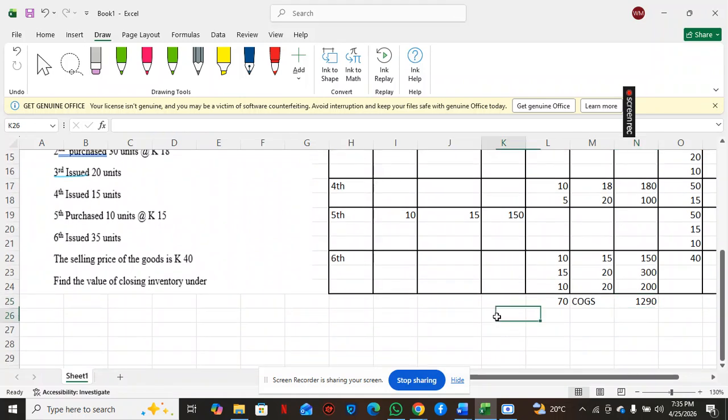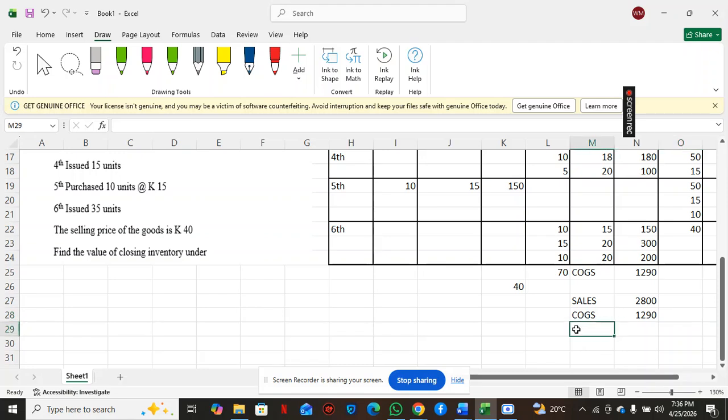Then we find the sales revenue. Remember, each of these 70 goods is sold at 40 kwacha each, so 70 units sold at 40 kwacha each, we made 2,800. Minus the cost of goods sold, 1,290.